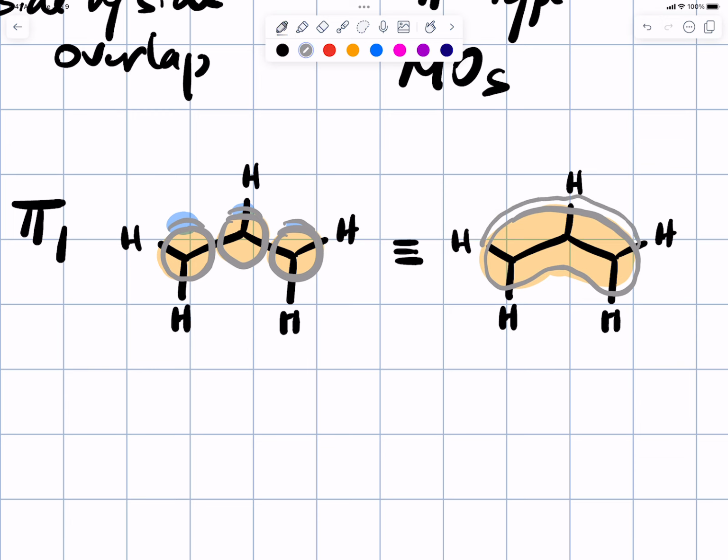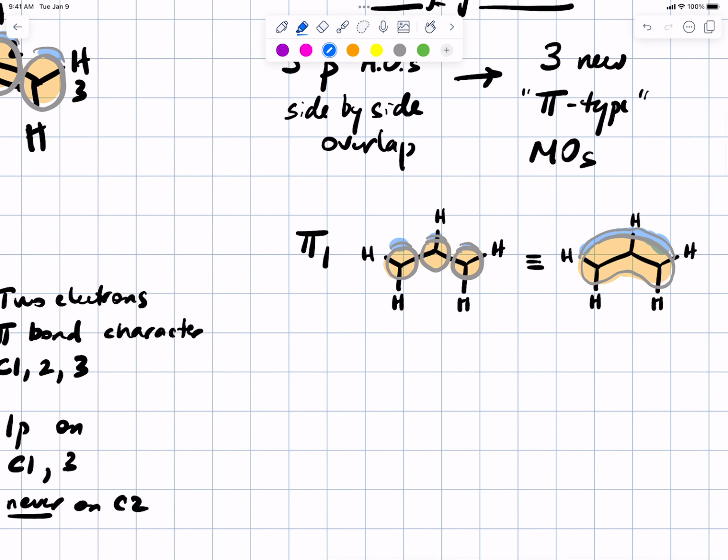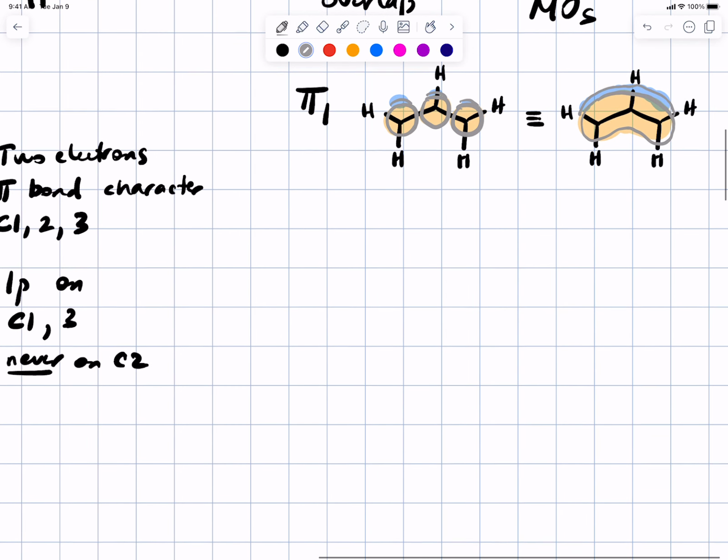But what we're really looking at is an extended pi type orbital that extends over atoms 1, 2, and 3. There's one node here, it's in the plane of the page, but there's no other nodes between carbons 1, 2, and 3. So that's our first option, and that comes pretty obviously just from adding together the 3 p orbitals with the same wave function sign.